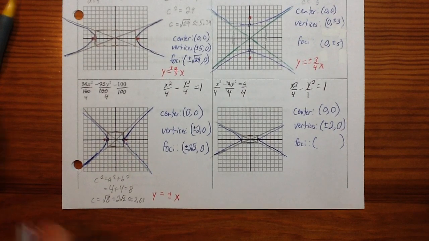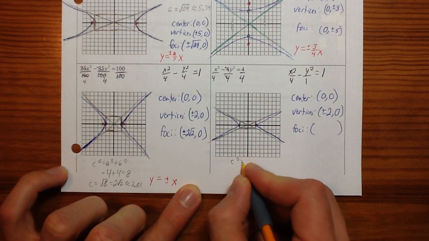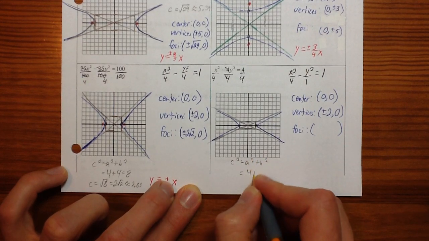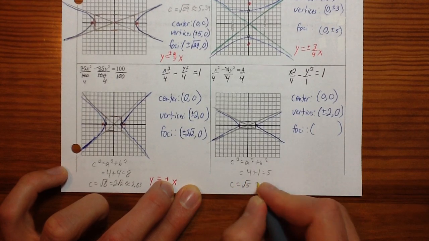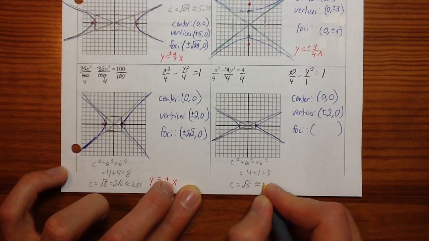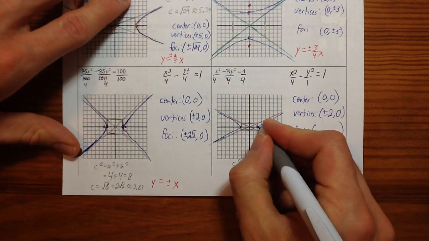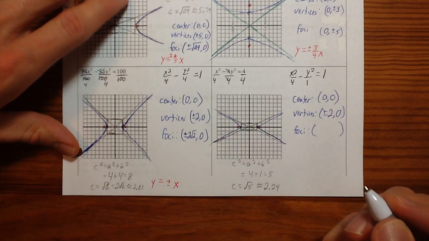Foci, I don't know yet. Let's grab a pencil and figure it out real quick. C squared equals A squared plus B squared. So 4 plus 1, obviously that's 5. So C is the square root of 5. Square root of 5 is approximately 2.24. Approximately. So we're going to go 2, and then a little more, 2, and then a little more.